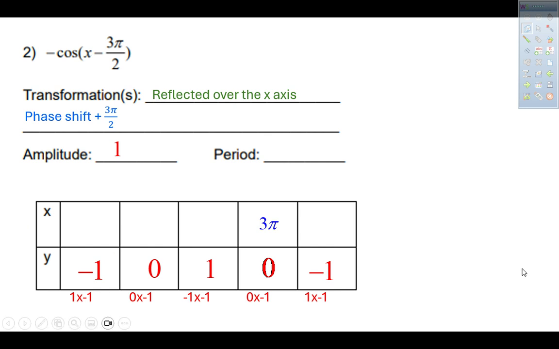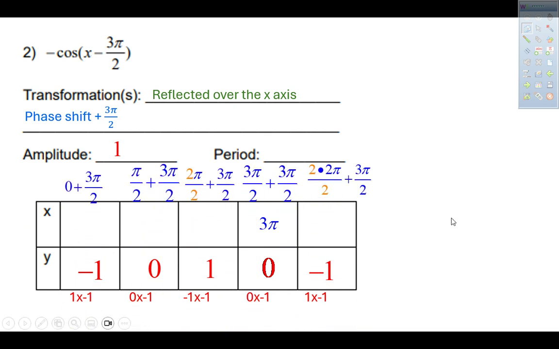All right, so what you're going to see is me taking the original cosine values and adding 3 pi over 2 to each of them. And for some of them, I had to make common denominators. Okay, so for the pi and the 2 pi, I made common denominators. All right, so I got 3 pi over 2.